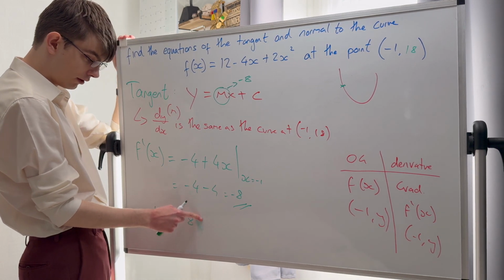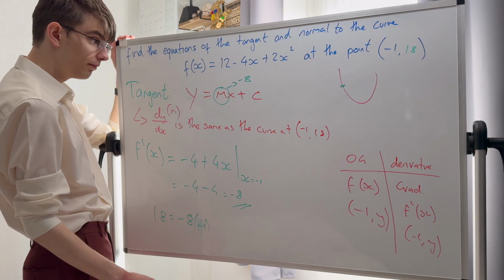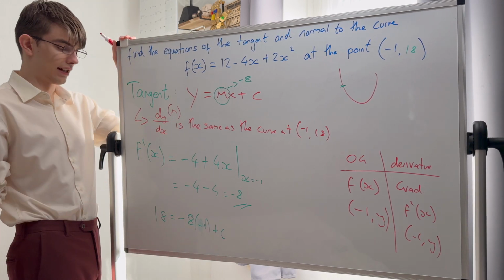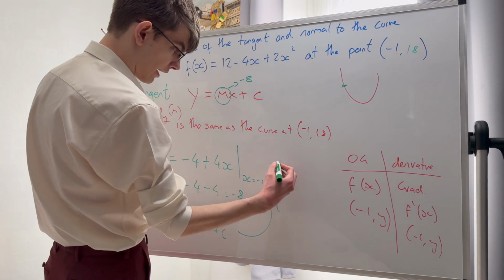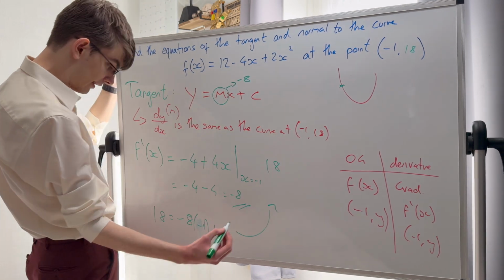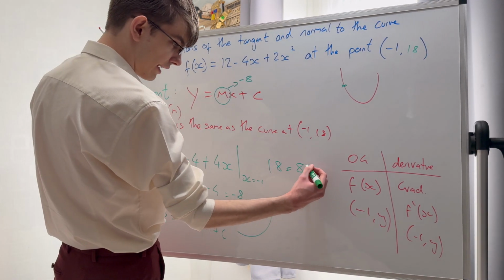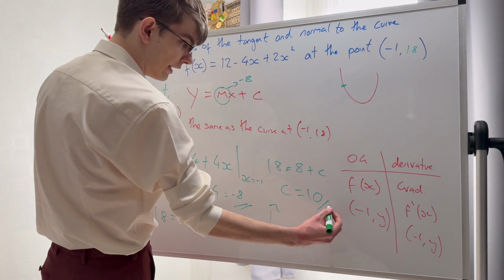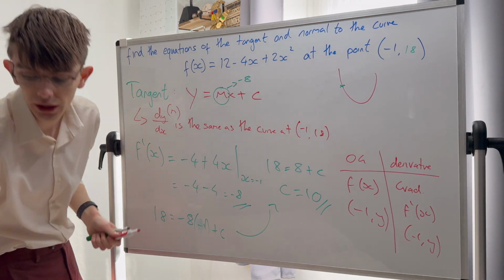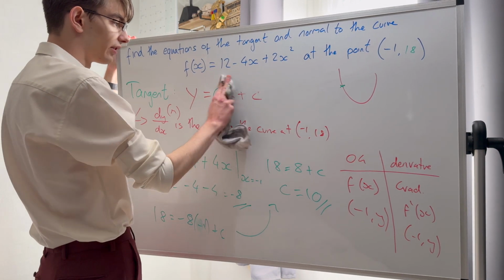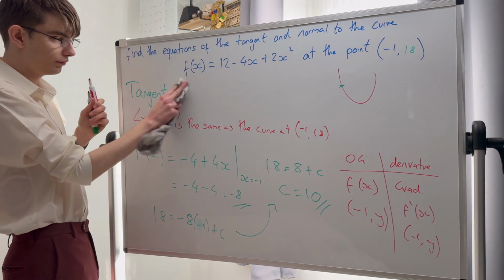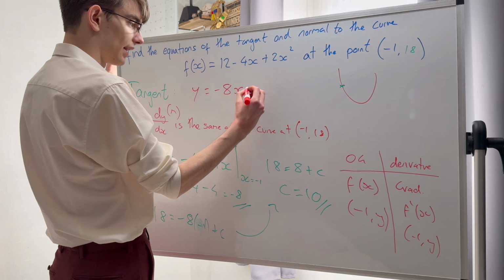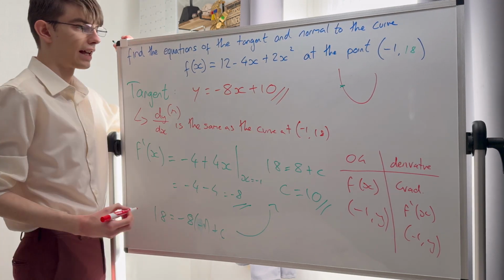My x value is minus 1, plus c. And if I rearrange this, then I get 18 equals 8 plus c, and c equals 10. So my final equation for my tangent is y equals minus 8x plus 10.